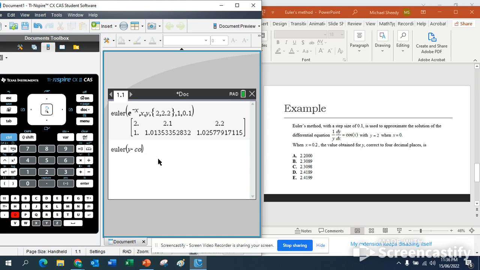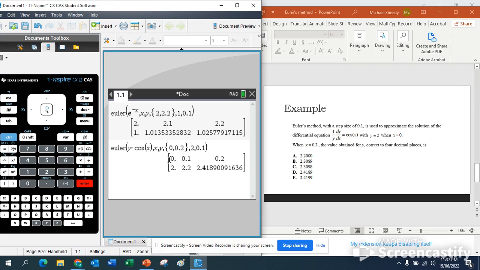So I can input that as our derivative expression, comma x, comma y, comma, open our braces up, put the value of x naught first, which is 0, comma, now x maximum, we're finding the solution when x equals 0.2, so the x max is 0.2, moving out of the braces, comma, the initial value of y, which is 2, comma, the step size, which is 0.1.